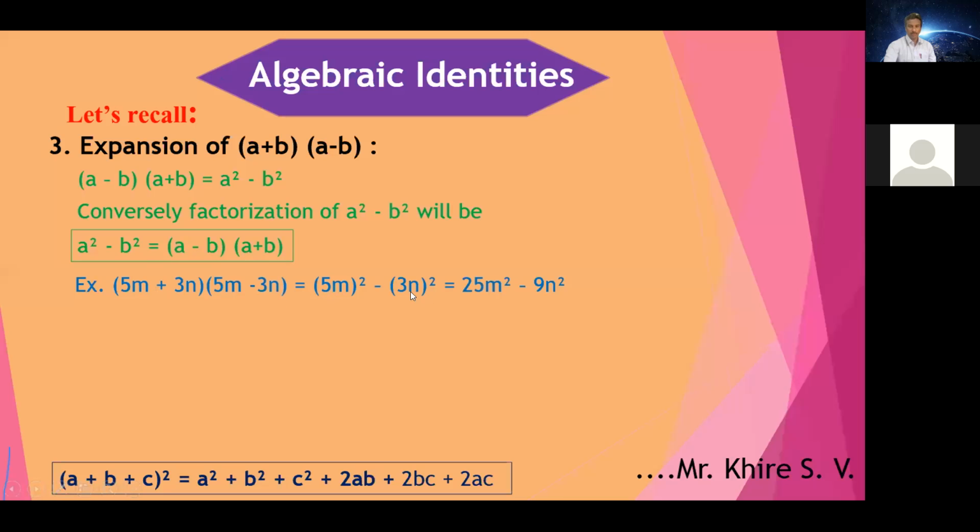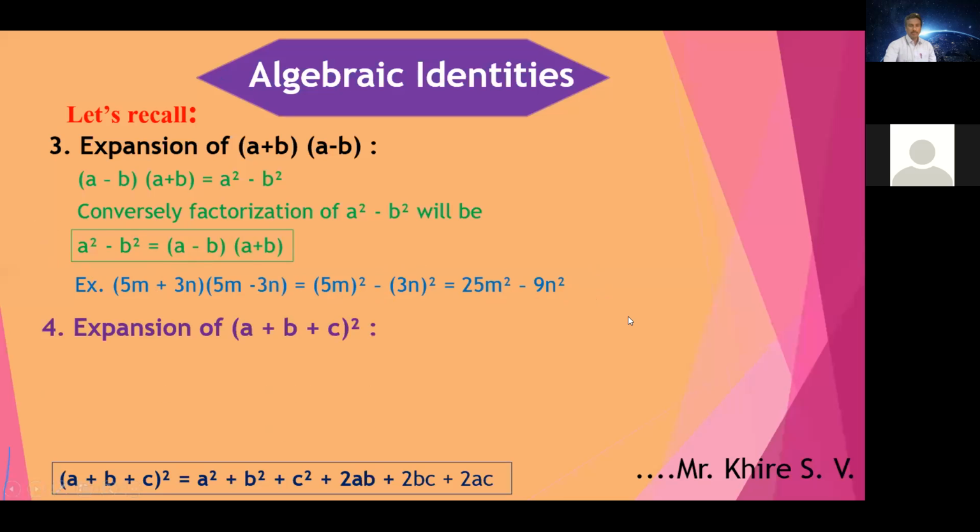Means 5m whole square minus 3n whole square, which is 25 m square minus 9 n square. We get this answer by using this identity, a square minus b square is equal to a minus b into a plus b.